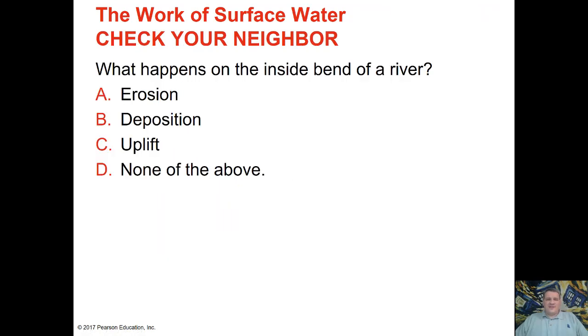So here's our third clicker question. What happens on the inside bend of a river? A, erosion, B, deposition, C, uplift, or D, none of the above. Go ahead and think about it and we'll discuss it in just a second.